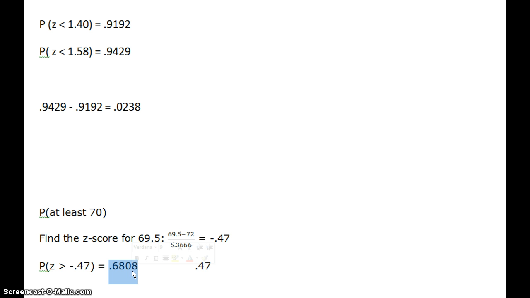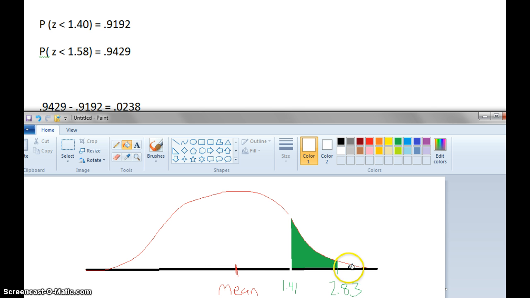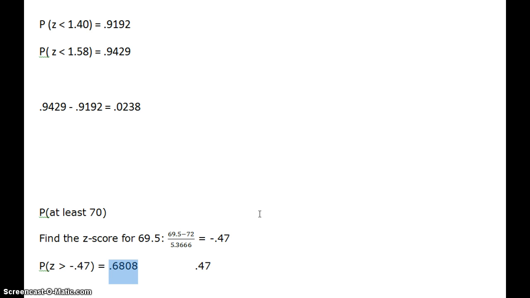Because the chart is perfectly symmetrical, I'll switch back to my paint here, which isn't perfect, but right from the mean, it looks the same on both sides. It slopes down. So when you're doing greater than instead of less than, you look up the opposite. Okay. The other way you could do it is to actually look up negative 0.47.